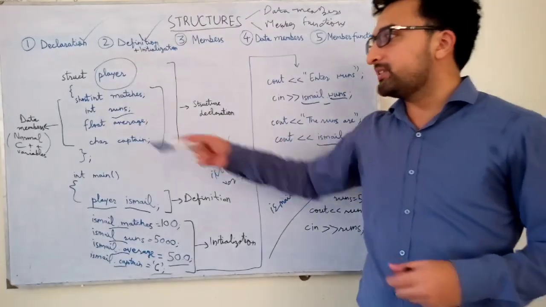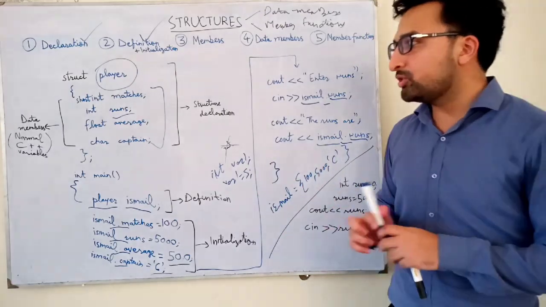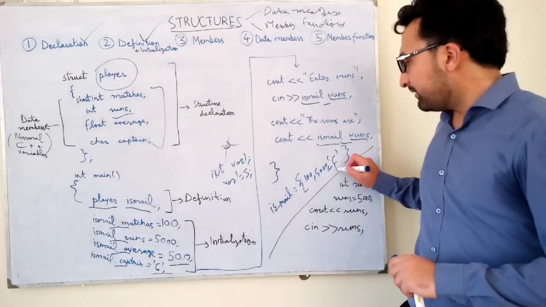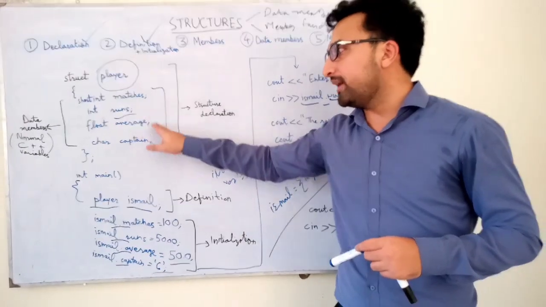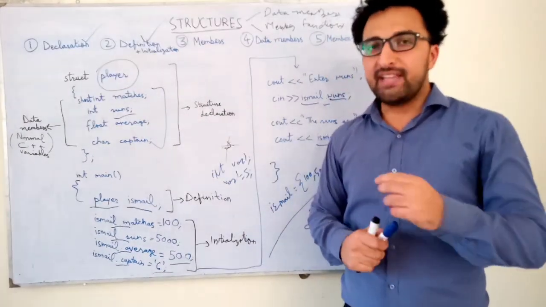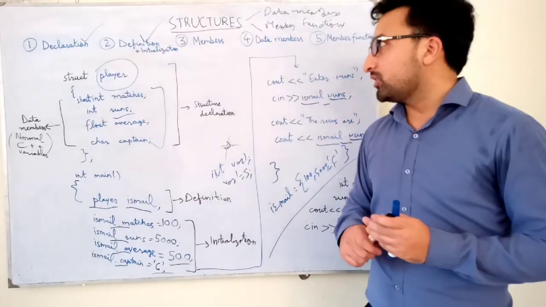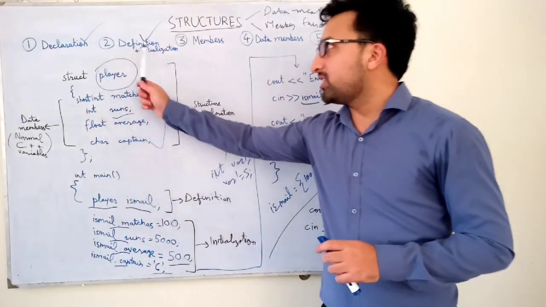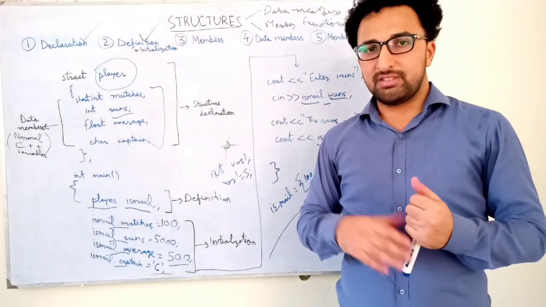So average will now be set to 67, which is the ASCII of C. So care needs to be taken that we pass things in the same order as the variables are present inside the structure. So this was the declaration, definition and initialization of a structure.